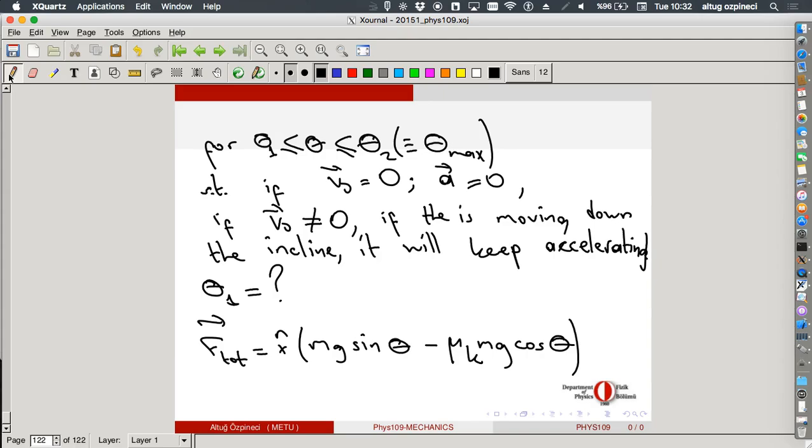As theta gets smaller and smaller, sine theta gets smaller and smaller, cosine theta gets larger and larger. At the value of theta that makes this expression equal to 0, that is the value of theta at which the direction of the total force changes. So mg sine theta 1 minus mu k mg cosine theta 1 should be equal to 0. This is how we define theta 1. The mg's cancel, and we see that tangent theta 1 is equal to mu k.